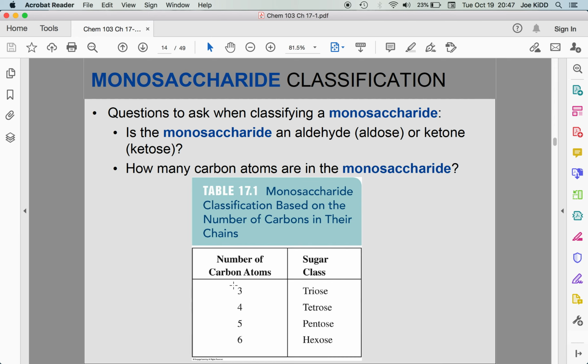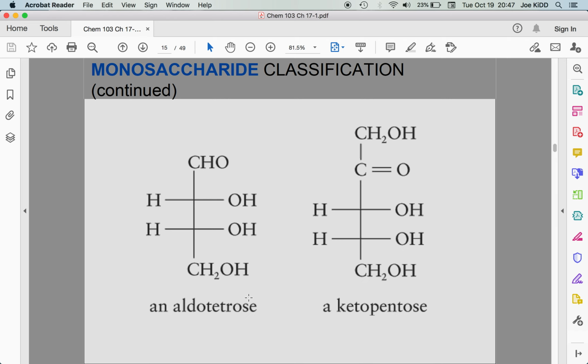Depending on the number of carbons in it, we could have a triose, a tetrose, a pentose, a hexose. So it's pretty similar to how we've had naming systems in the past.